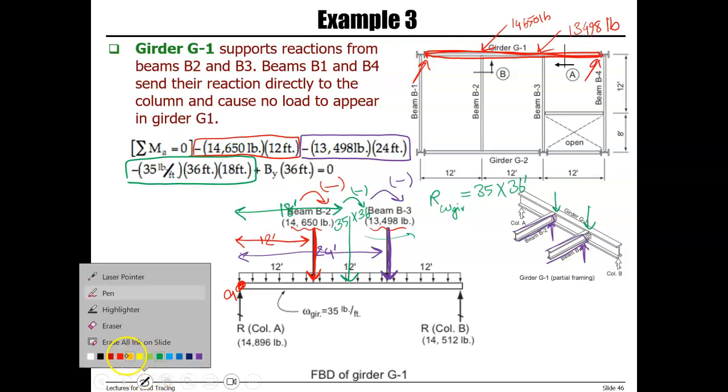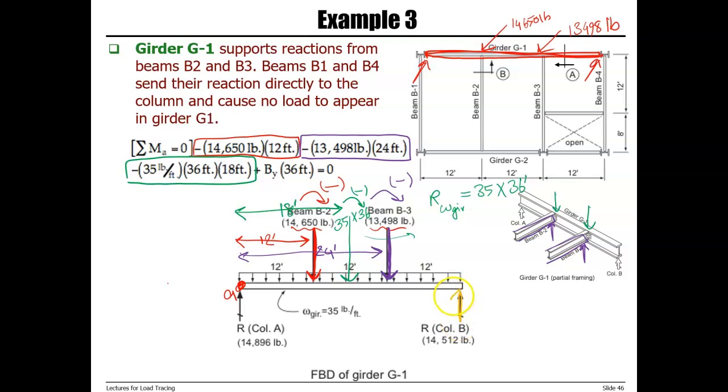And then finally we have BY, and it's 36 feet away from point A, and the moment is counterclockwise, so we're going to use a positive sign.